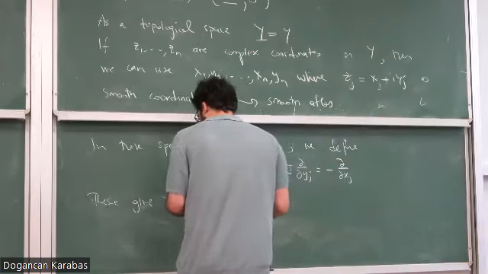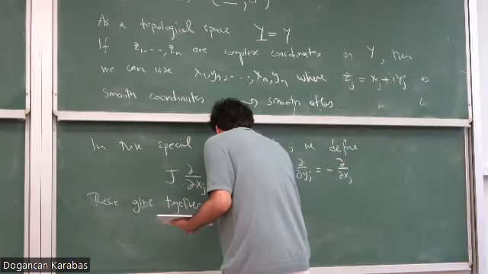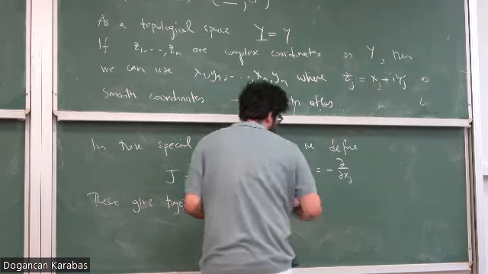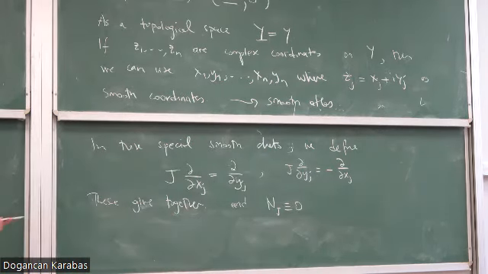We also get that the Nijenhuis tensor vanishes. Again, you have to check this, but it's not hard. The hard direction is to go the other way. If you start with some Y underline, J, where J satisfies these properties, it actually comes from a complex manifold. That's a more difficult thing to do.